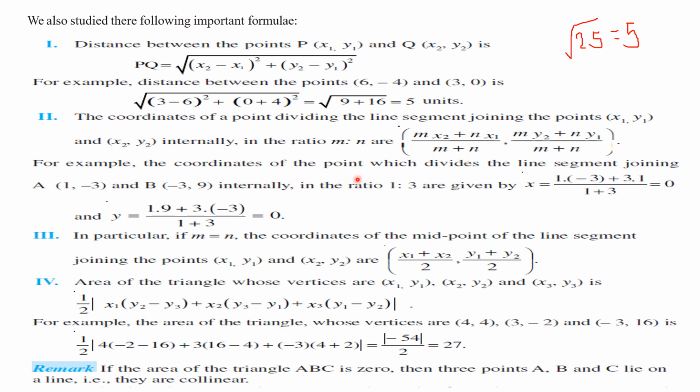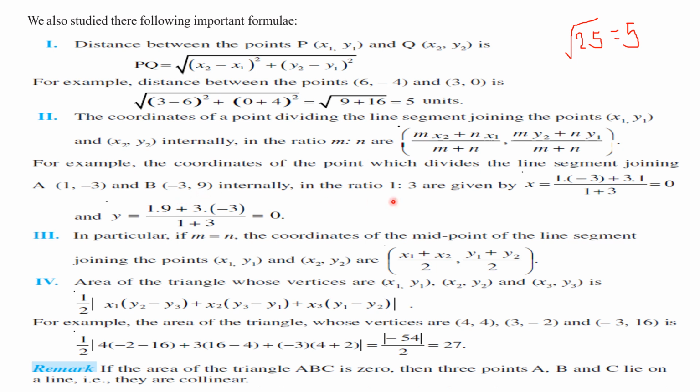The coordinates of the point which divides the line segment joining the points A(1, minus 3) and B(minus 3, 9) internally in the ratio 1:3 are given by: here we assume that x1 is equal to 1 and y1 is equal to minus 3, and for the second point x2 is equal to minus 3 and y2 is equal to 9.